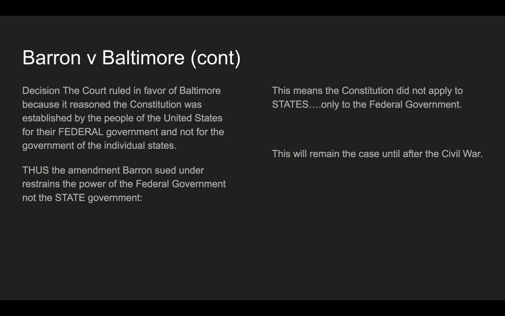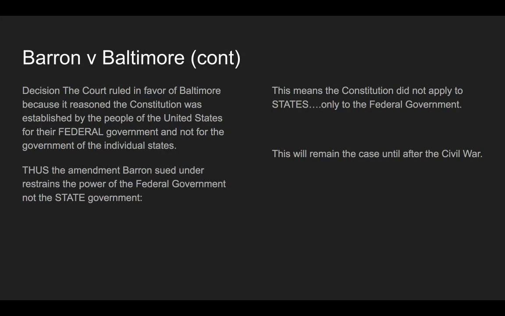Thus, the amendment that Barron is suing under restrains the power of the federal government, but not the states. So this means that the Constitution did not apply to states' governments, only the federal government. This will remain the case until after the Civil War.